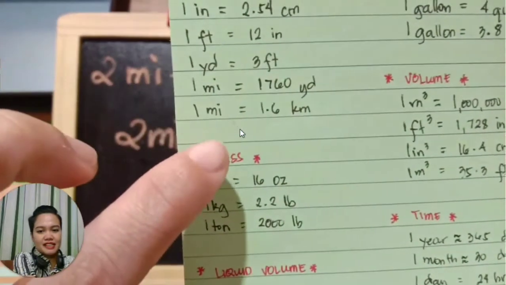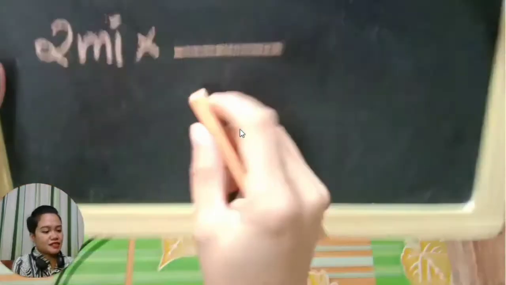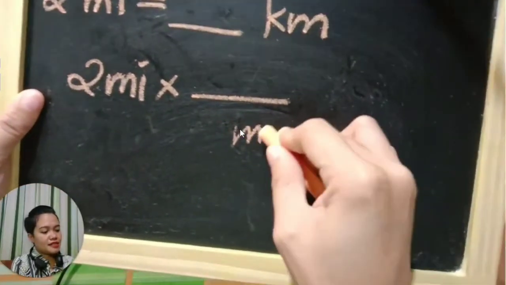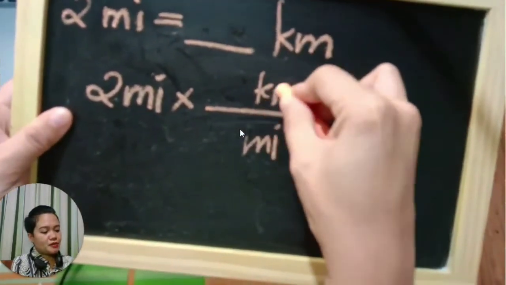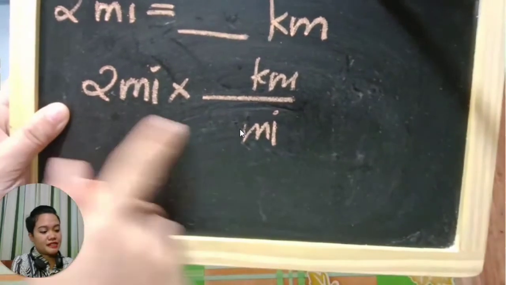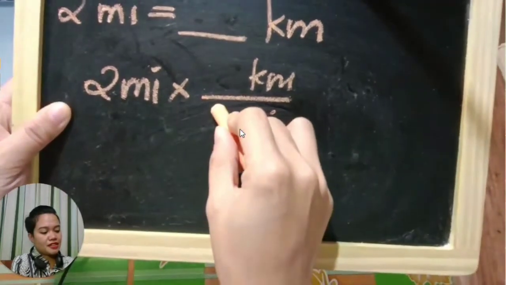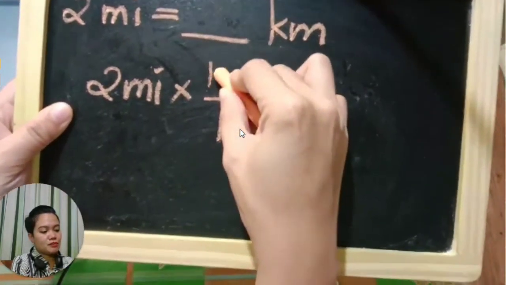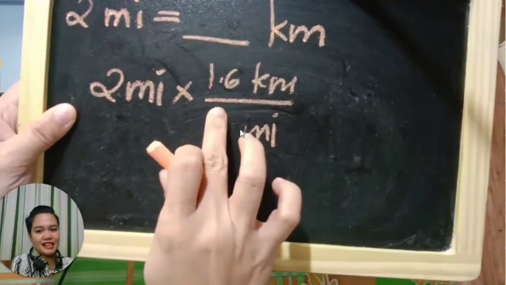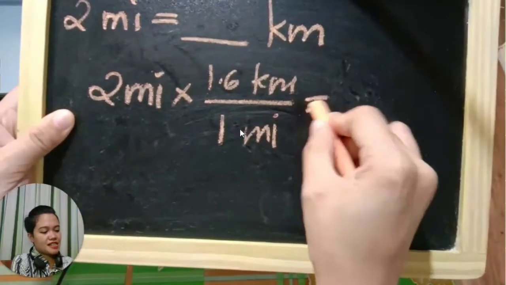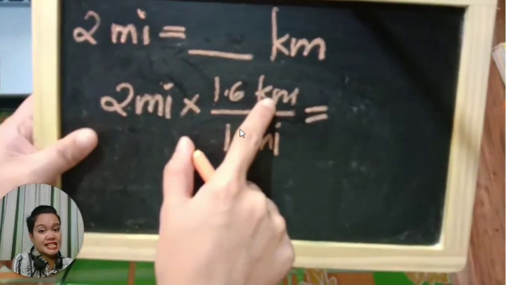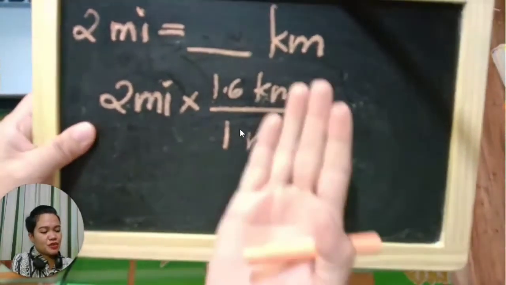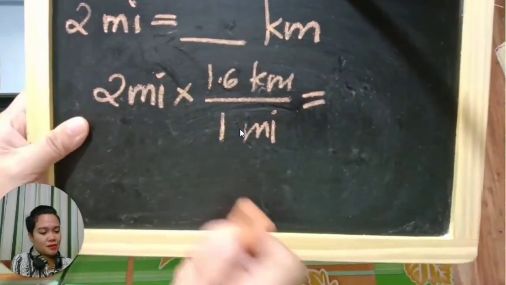So we make sure that the denominator will have a mile and the km will be the numerator so that we can cancel the mile. Again, 1 mile is 1.6 km. And this is what we're given and this is what we need, the km. So we stop there, perform the operation.